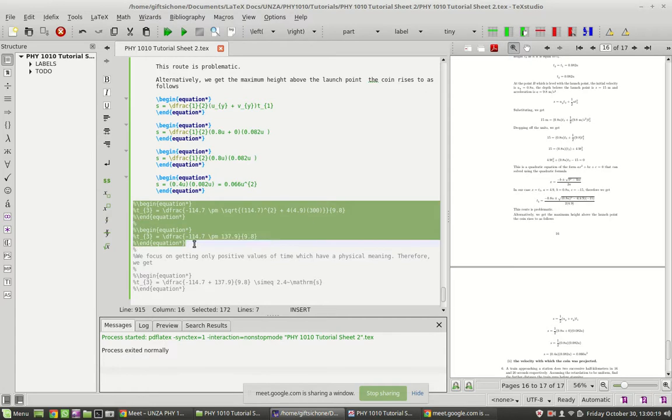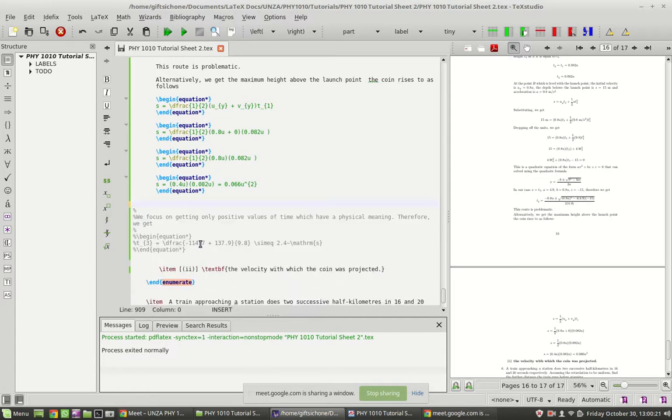So next, the combined time of flight, what is TC from the height?